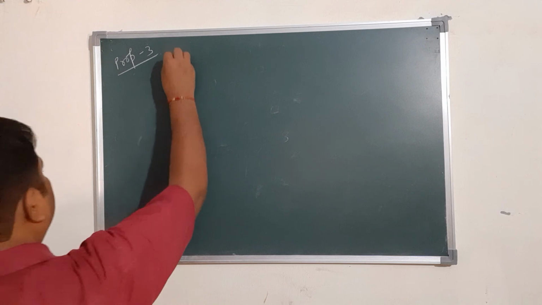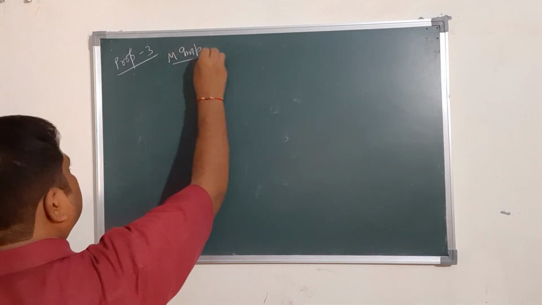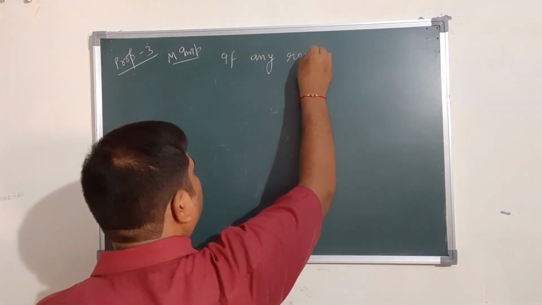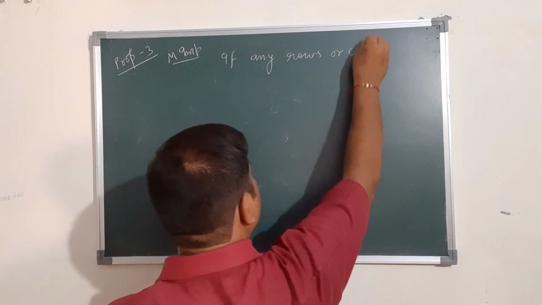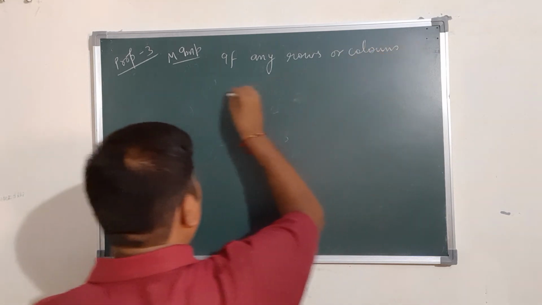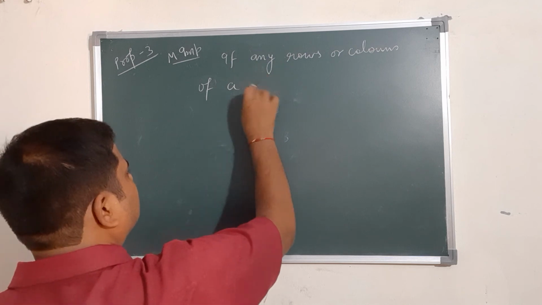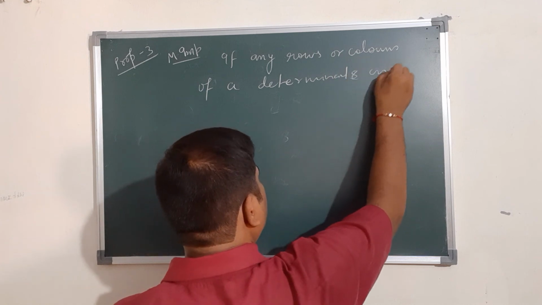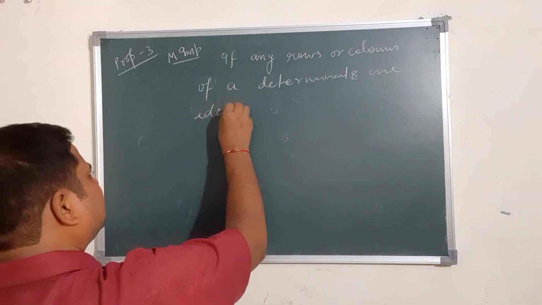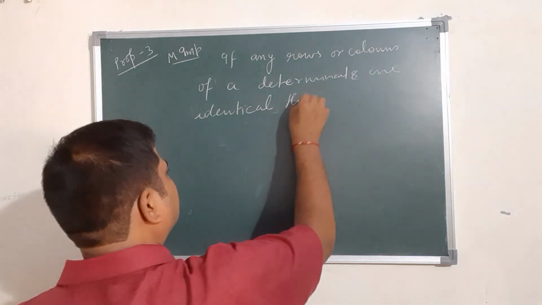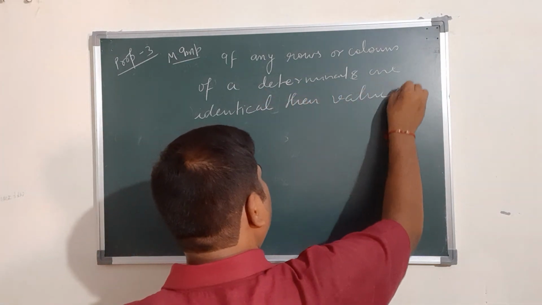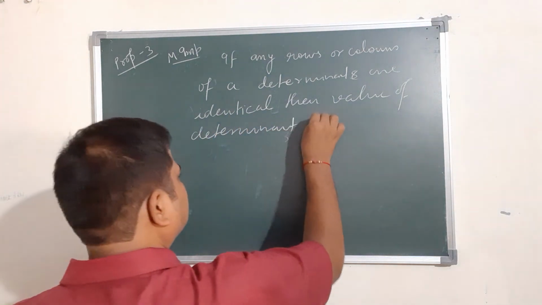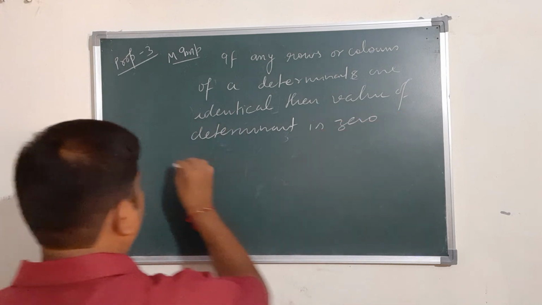This is the most important property. If any two rows or columns of a determinant are identical, then the value of the determinant is 0.